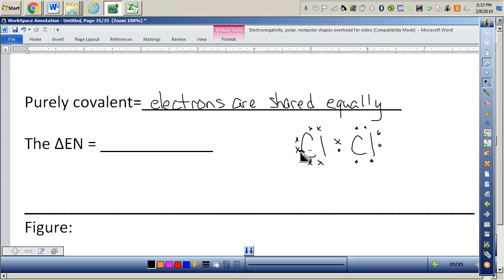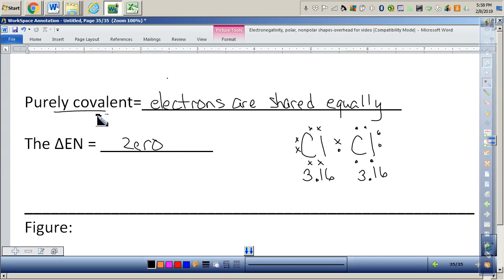Okay, so if we have these two chlorine atoms, and they both have an electronegativity number of 3.16, you don't have one that's going to be pulling on the shared pair of electrons more than the other. And so the difference between these two values will be 0. So that's purely covalent. All the Brinkelhoff diatomic elements are obviously going to be purely covalent.